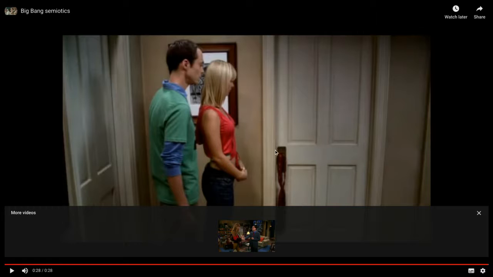Here's semiotics. This is the signifier, the physical sign, as it were. The signifier is the physical thing. The signified is the idea it evokes in the audience. Now, the idea it evokes for this young, more savvy, culturally competent character, who eventually shares with this guy what the meaning is, that someone's having sex, basically, in here.